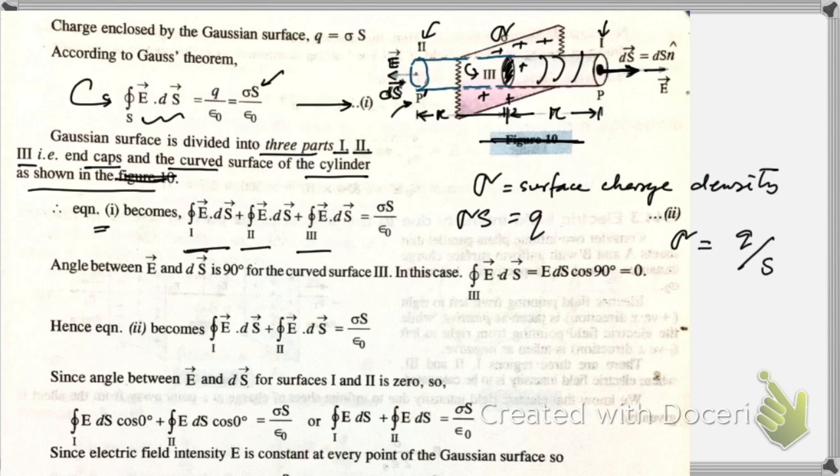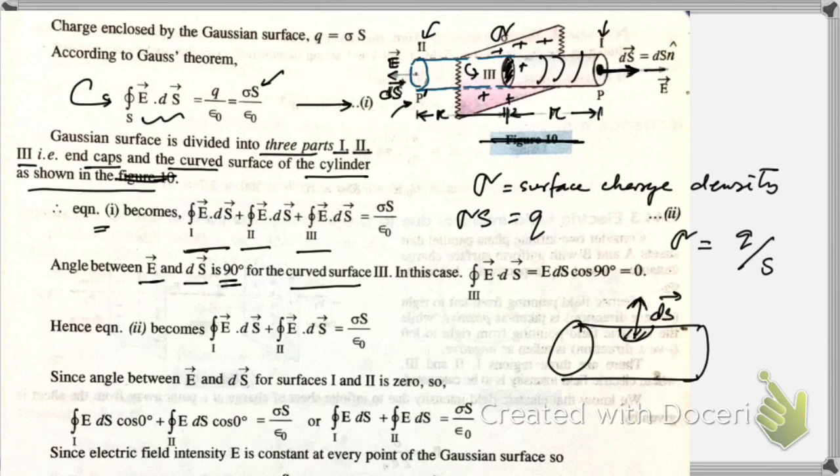Okay, remember this. So now you see angle between E and DS is 90 degree for the curved surface of this Gaussian surface. This is the Gaussian surface. In this case, this is suppose area element ds, then its direction should be normal to the surface, and the electric field is radial, so electric field is in this direction as shown in the figure, right? So that's why the angle between these two is 90 degree, right?